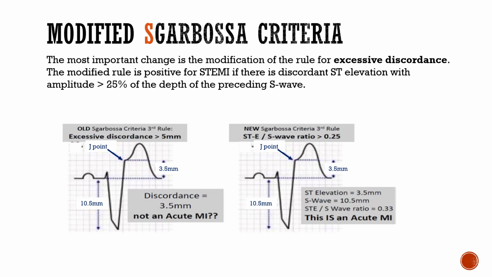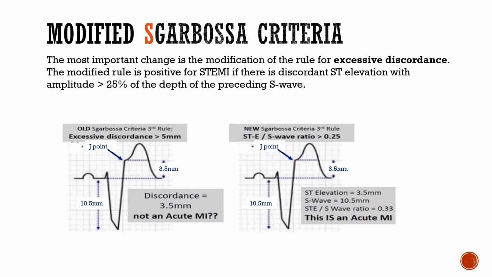For example, based on the old Sgarbossa criteria, we can take a look at the left image. We see that this is not an acute MI based off of the old criteria because the excessive discordance is less than 5 millimeters. It's only 3.5 millimeters.